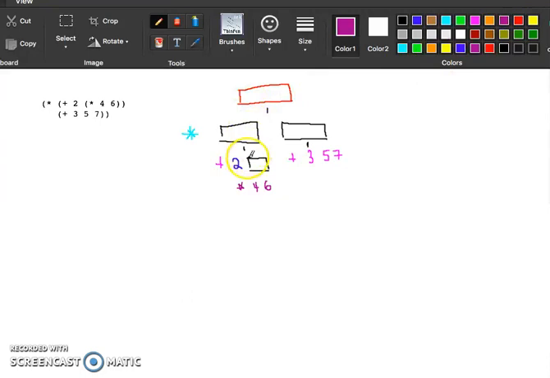So 4 and 6 ends up being 24. And then 2 and 24 ends up being 26. And then over here, 3 and 7 is 10, and 5 is 15.